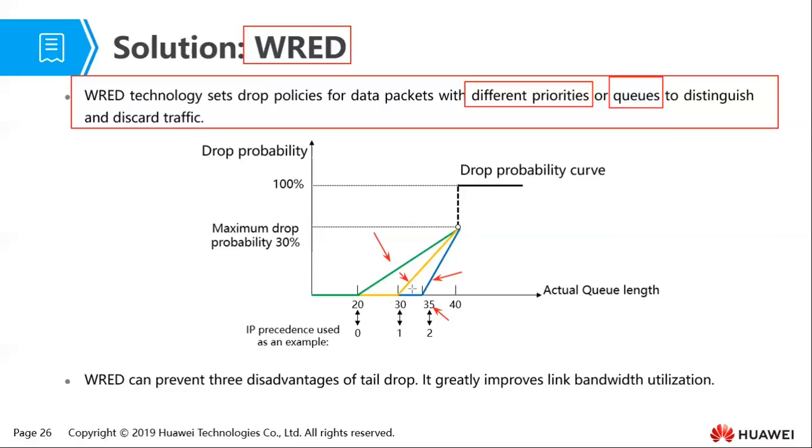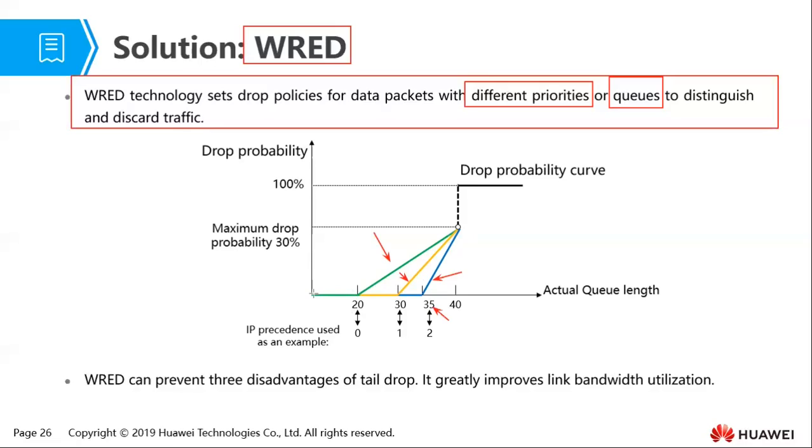You can see, for example, the blue packets here can only be dropped after the queue has only, for example, 35% of space remaining, while the yellow packets will start randomly dropping when the queue is 30% empty.